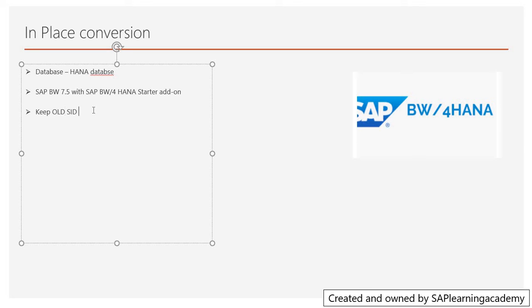So here the data as well as the data model can get migrated into the newer system. Another very important thing is that before migrating to BW4HANA, you first need to migrate all your objects: the cube should be converted to ADSO, DSO should be converted to ADSO, and the MultiProvider should be changed to CompositeProvider. So many changes have to be done before this migration.